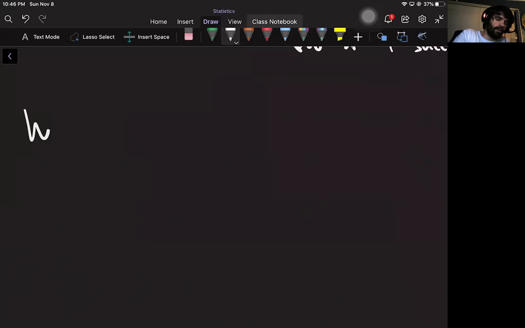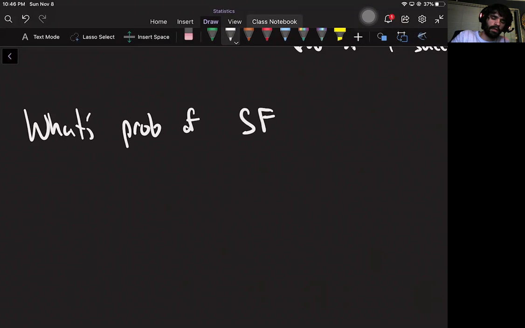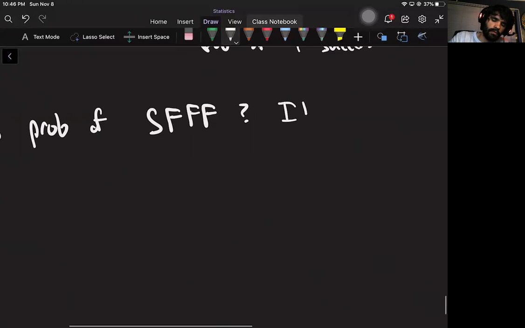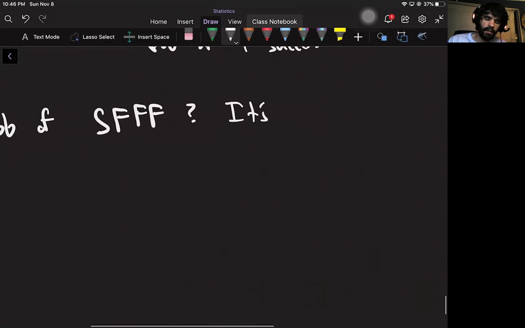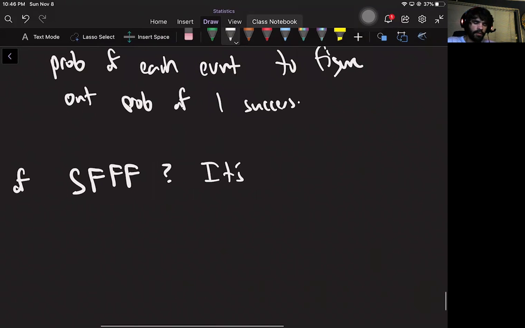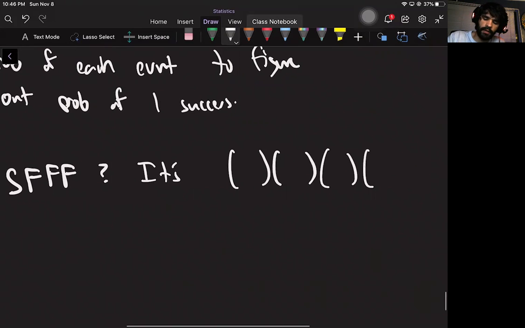So what's the probability of the first guy? Meaning I succeed once, and then I fail 3 times after that. Well, I'm just going to do what I did before. Because these 4 events are independent, I succeed, then I fail, then I fail, then I fail, I can just multiply the probabilities of each event happening.